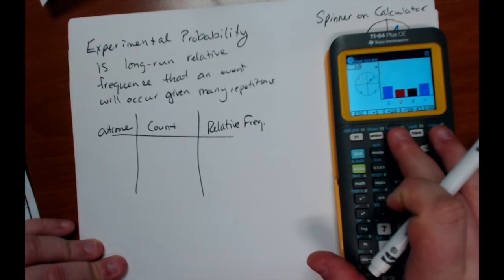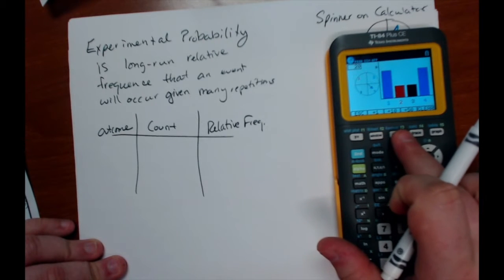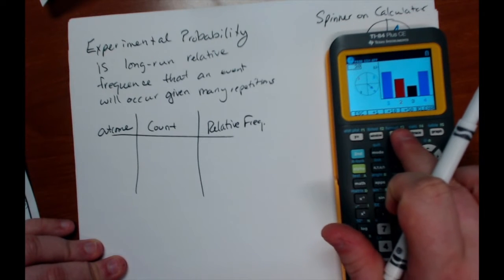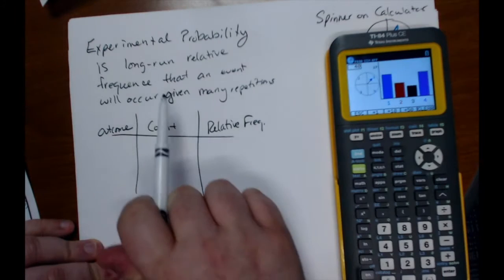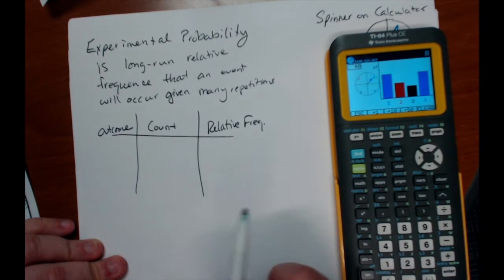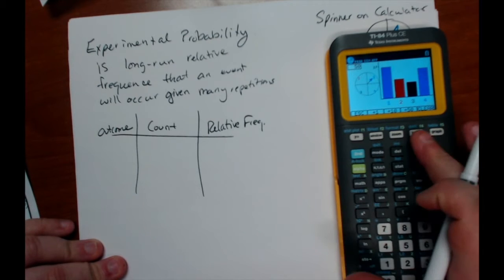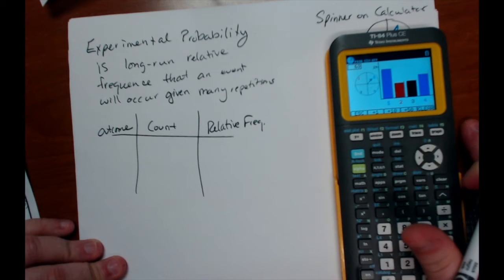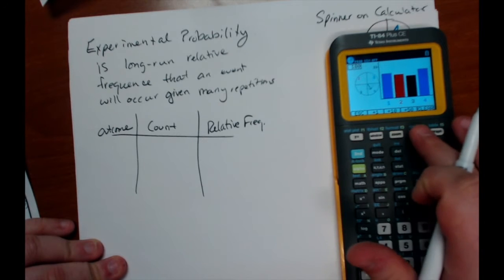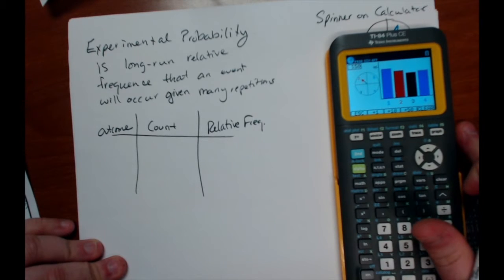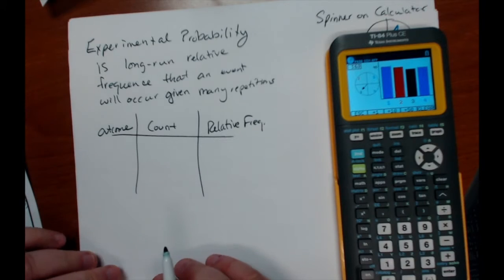And so let's go ahead and add now 10 more spins. That's 20, 30, 40. Because remember, this is long run relative frequency. We'll add 10 more. Now we've done 50 spins. You can see it looks like 1's happened the most, followed by 4, then 2, then 3. And we can go ahead and add 50. So that's with 100 spins. And go 50 more for 150, and then I'll go ahead and stop with 200 spins.